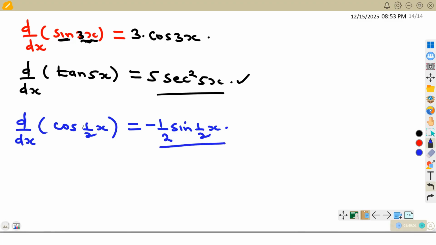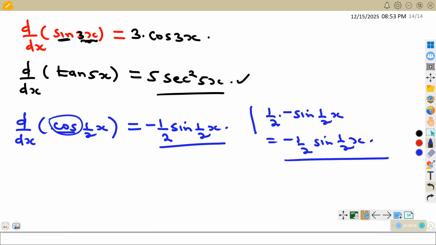Basically, differentiate the angle you have here, then multiply it out. When you differentiate cos, you get a negative sign. So you differentiate the angle, a half of x, with respect to x, and you get a half. Then multiply by the derivative of cos, which is a negative sign, then return the same angle, a half of x. So you get negative a half sine a half of x. So that is how we differentiate cos.